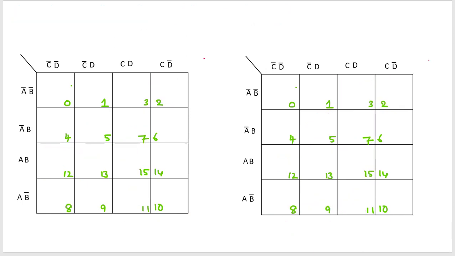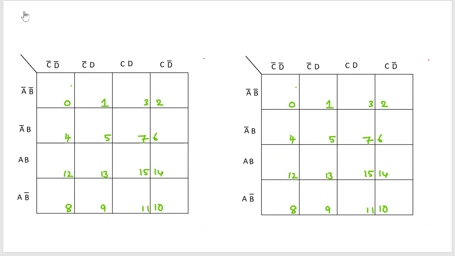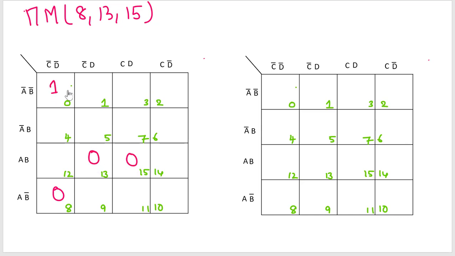Now let us take one more example. This time we will take the max term, pi capital M, 8, 13 and 15. So that means 8 place is 0, 13 place is 0 and 15 place is 0, rest all are ones.